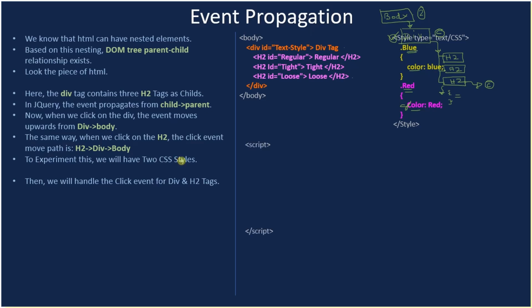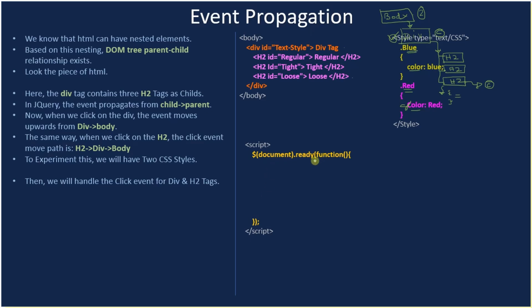So if you see here, we have the script. This time we'll use everything inside one single HTML. We will have body, then we will have the style tag, and inside that we will specify our CSS rule. Then we will have a script tag, and instead of referring to an external file, we will write our code here itself.